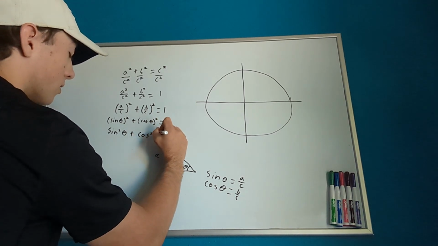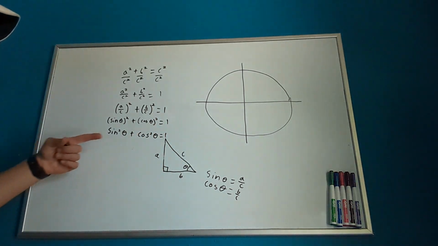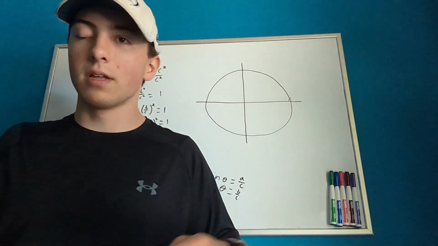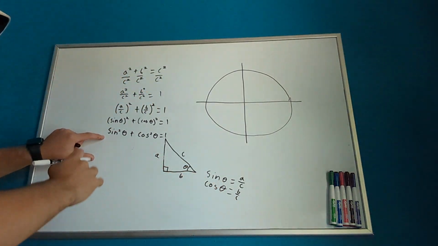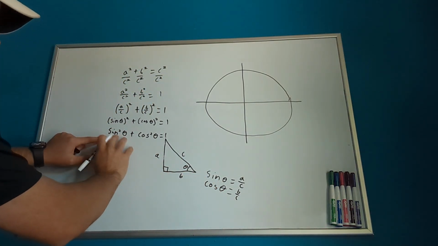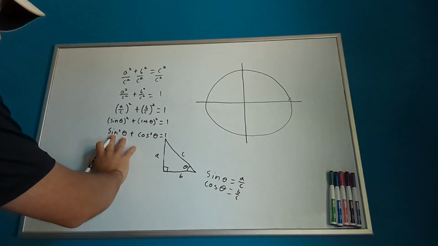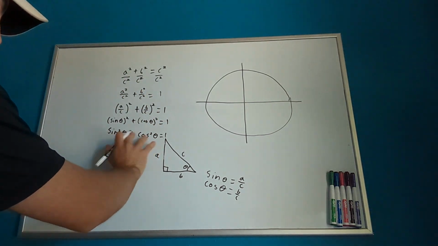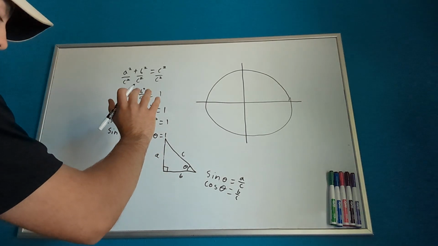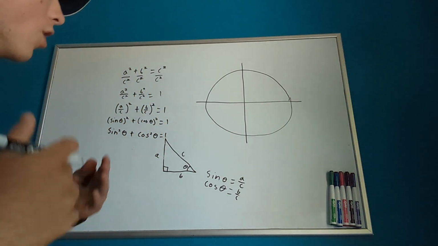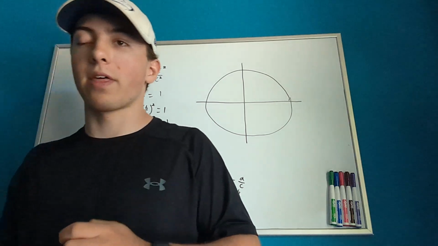It confused me at first. It might confuse you at first, but that's what you're supposed to do. That shows that this is sine squared theta. All right, so now we have sine squared theta plus cosine squared theta equals 1. We've proven it from the Pythagorean theorem.